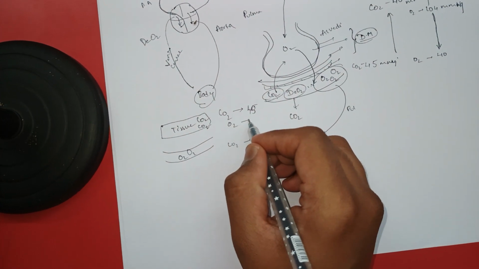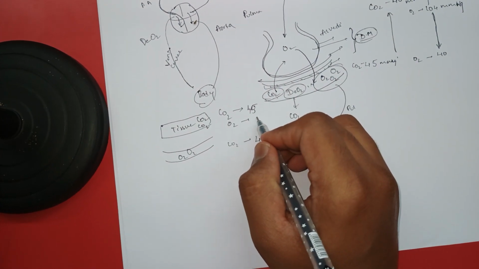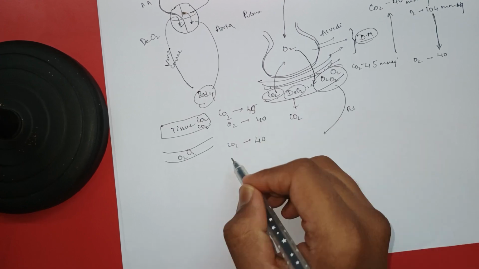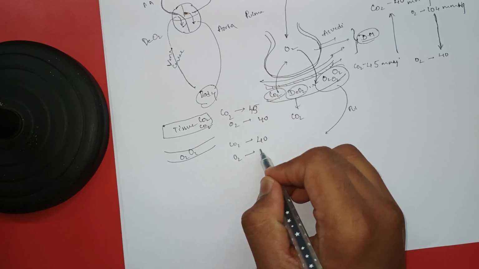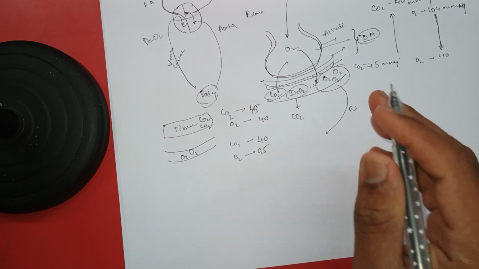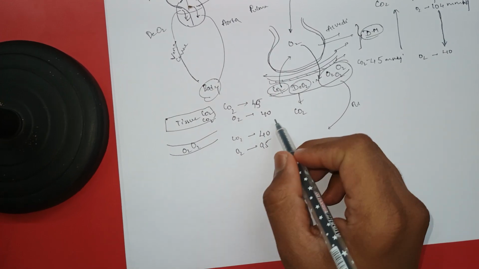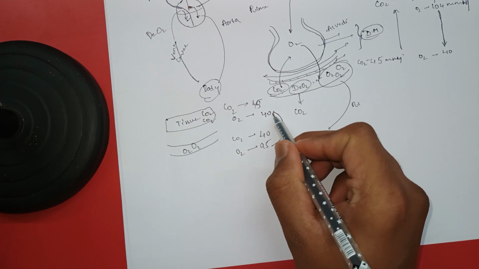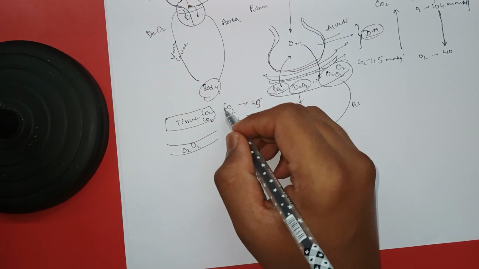The partial pressure of oxygen in the tissue is 40, and in the oxygenated blood it is around 95.